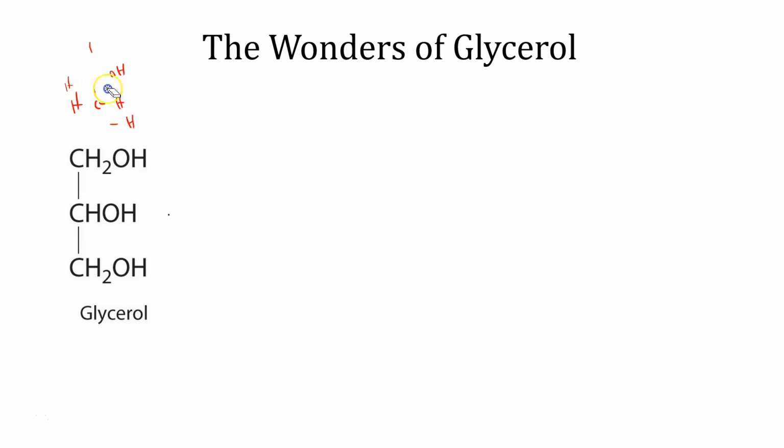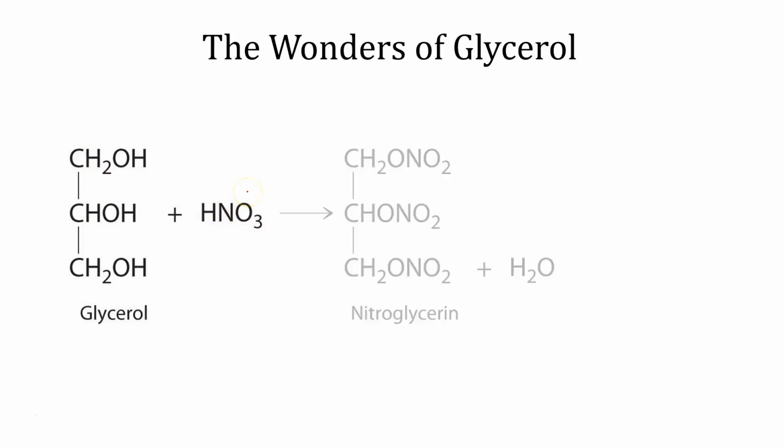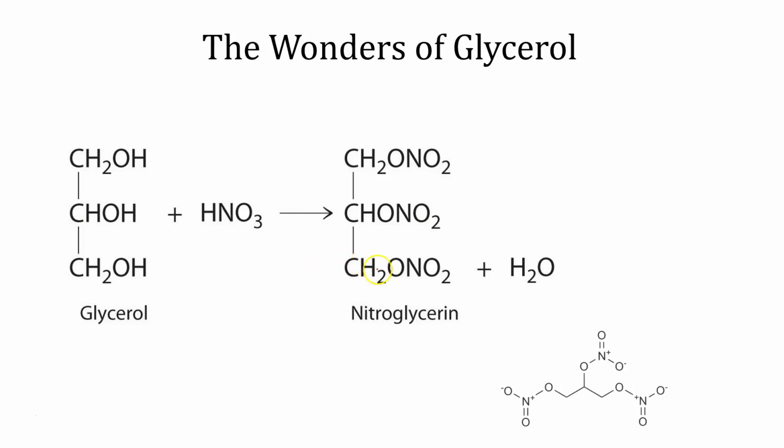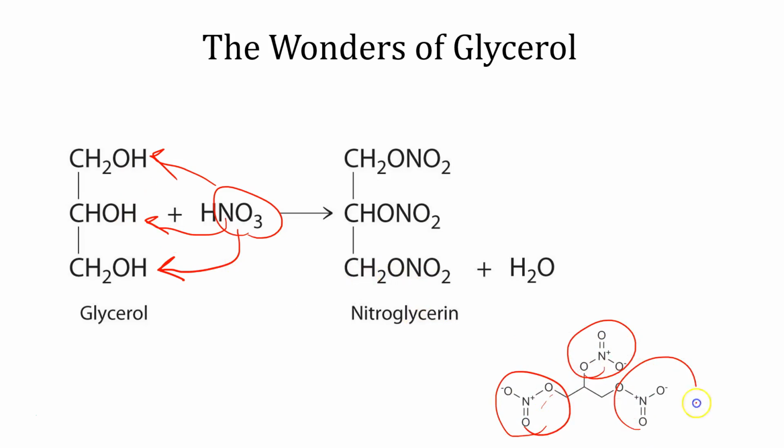If you take glycerol and you add some nitric acid, which is what this stuff is, you get this stuff, which is called nitroglycerin. So each one of these nitrate groups would attach to the hydroxyl groups and form this. So here's each one of those nitrite groups attached to this, which was the glycerol.